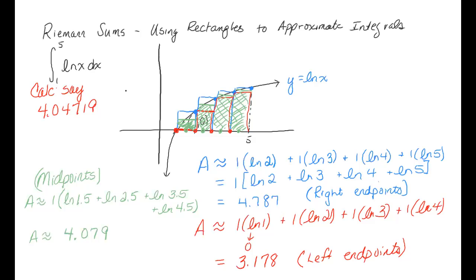Now, there's nothing really wonderful though about rectangles, because you can see, especially with those blue rectangles, there's often a lot that's either left out or a lot that's counted that shouldn't be. So it would be nice if we could use different shapes. And there are lots of different options that we can go with.